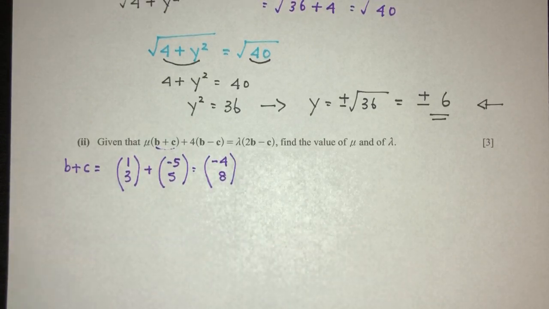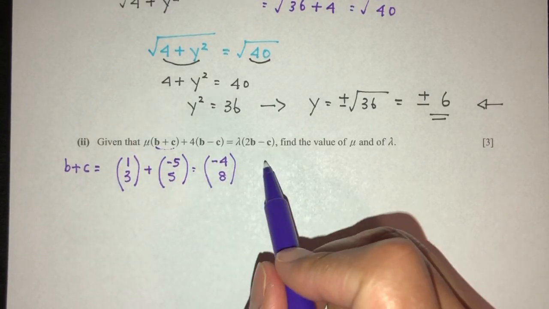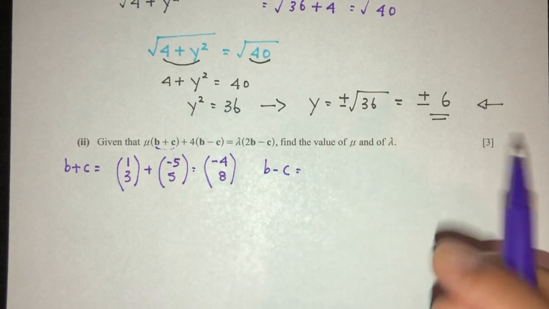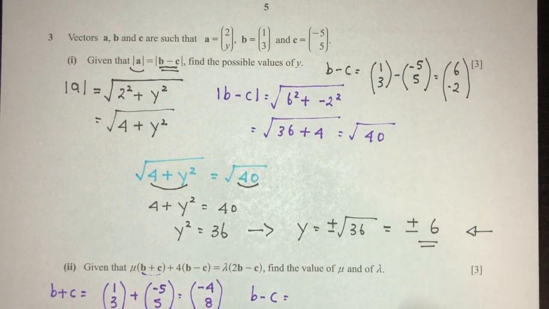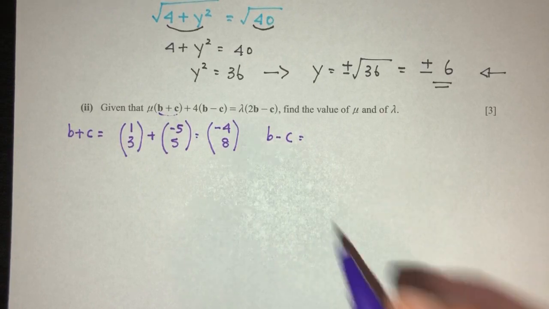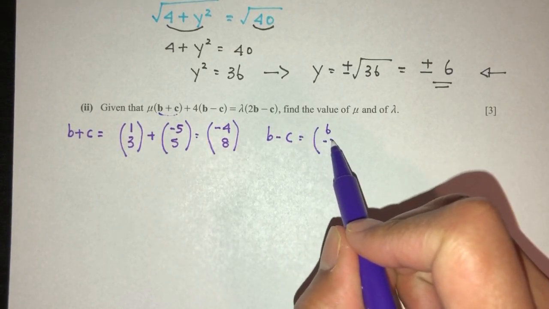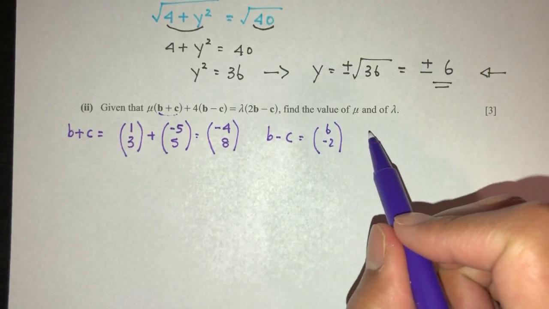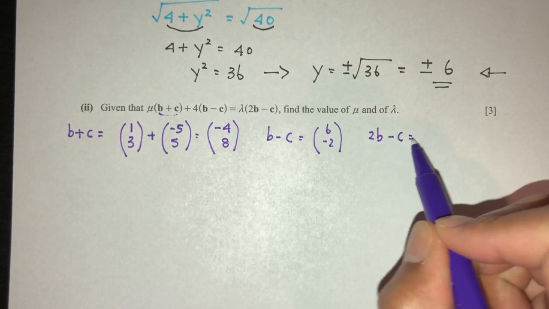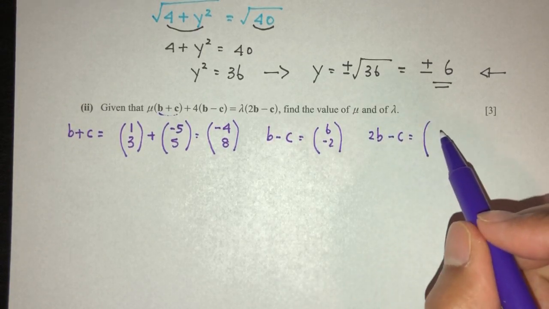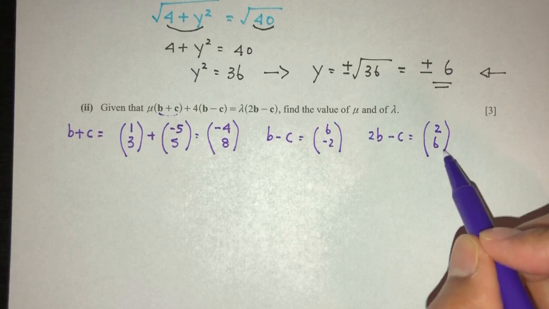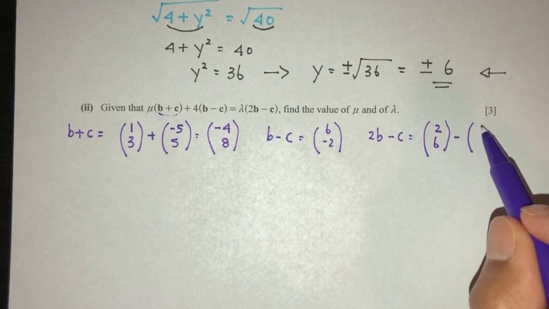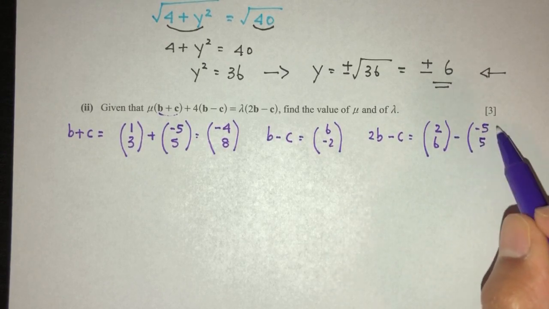Now what is the value of b minus c? That is given to you from part 1, 6 minus 2. So let's replace that. And what is the value of 2b minus c? So 2 times b is 2, 6. Minus c is minus 5, 5.